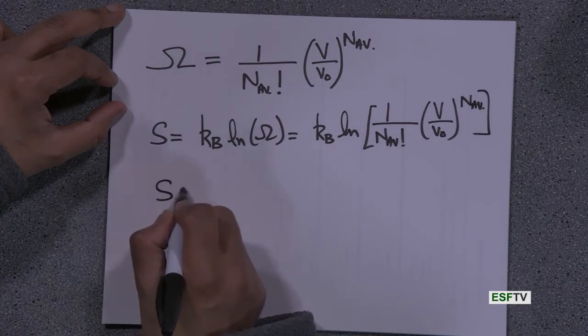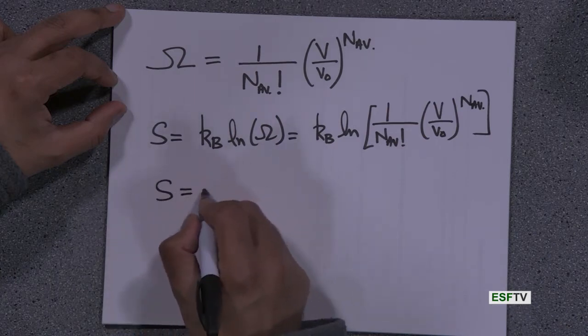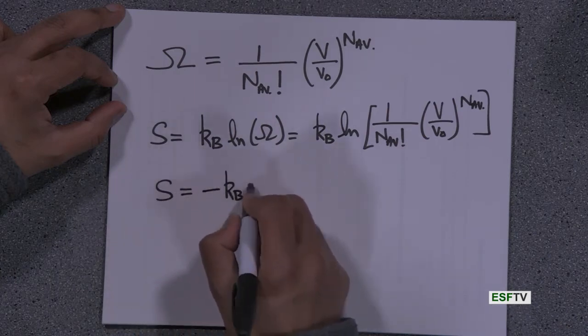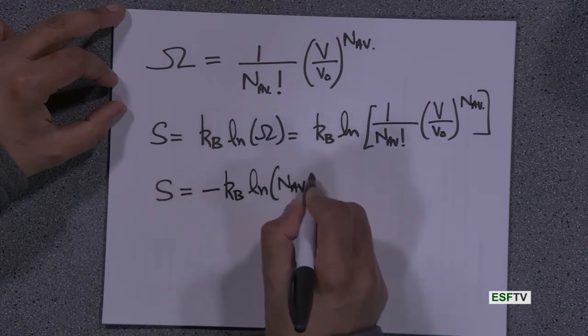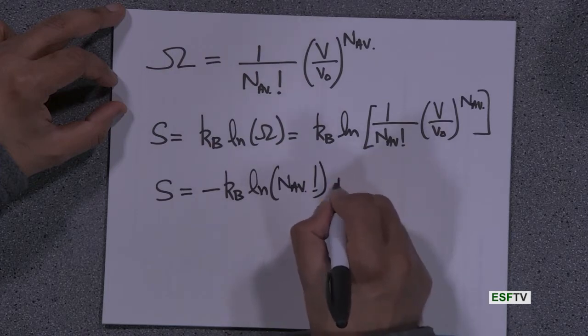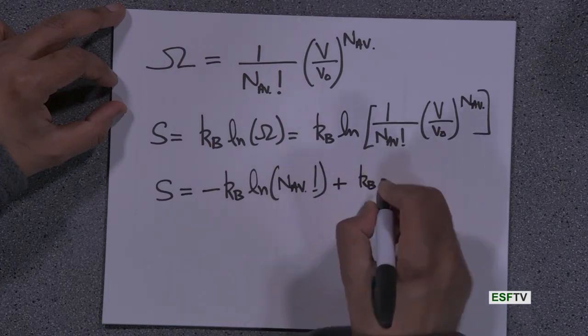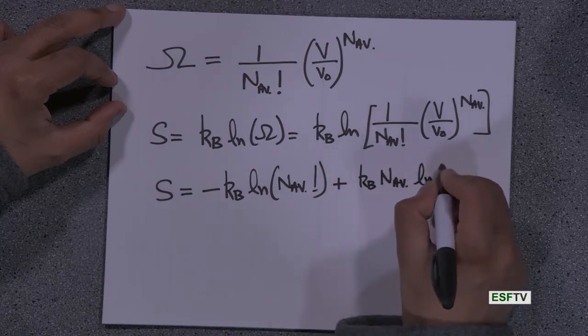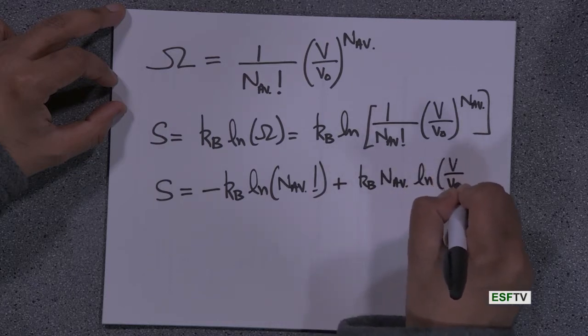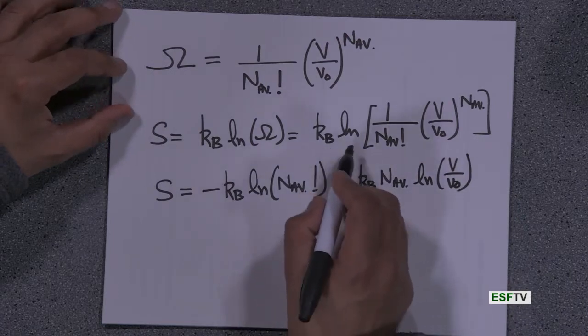Or S becomes minus kB natural logarithm of the factorial of Avogadro's number plus kB multiplying N Avogadro multiplying the natural logarithm of V over V0. Okay, how did that happen?